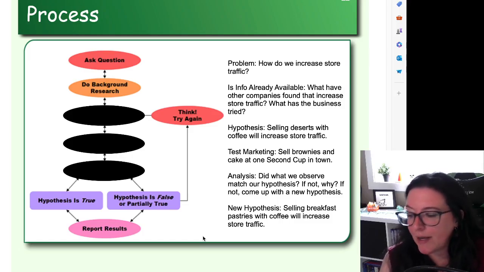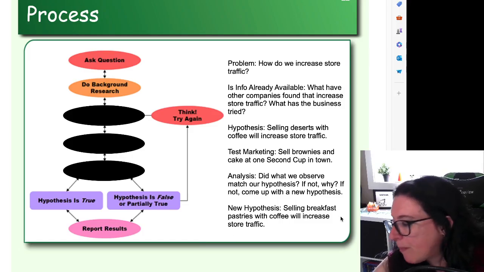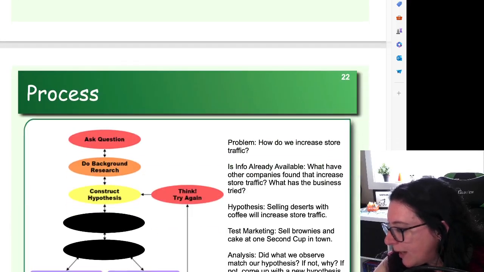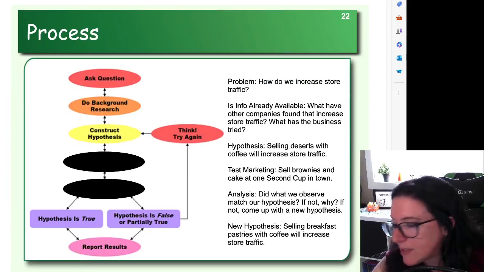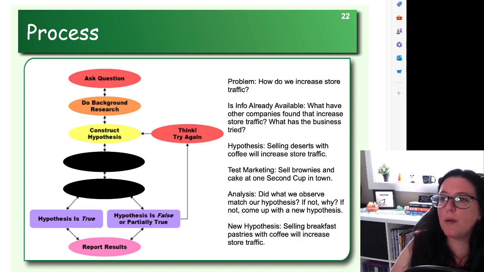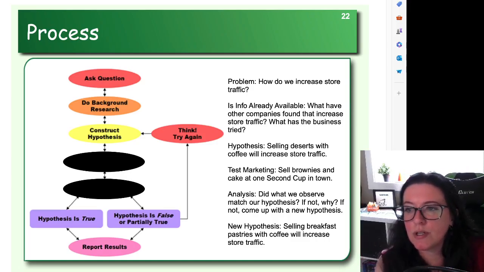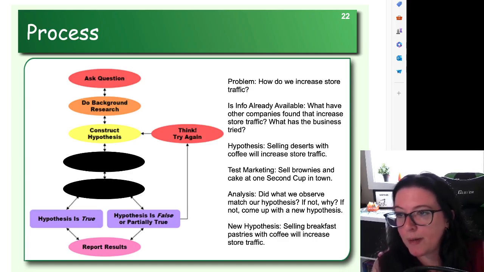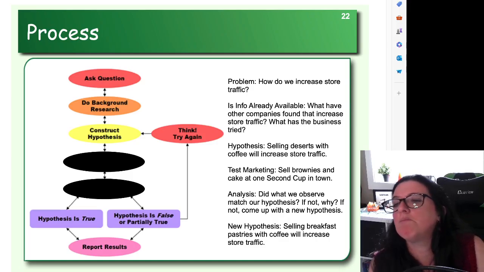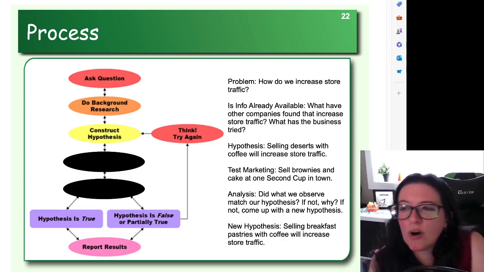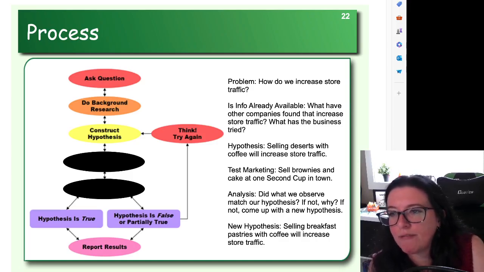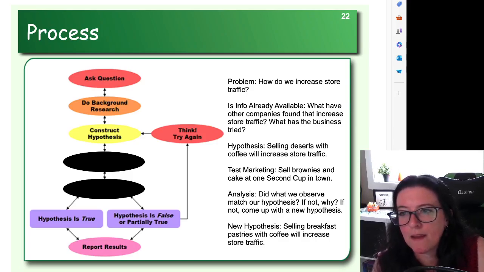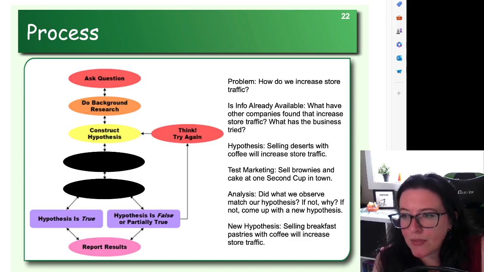What is it we already know? Then from there, what we would do is construct a hypothesis. So perhaps we believe that selling desserts with coffee will increase store traffic. So more people will come into our corner store if our corner store also has coffee and desserts. Okay, so this is our hypothesis.